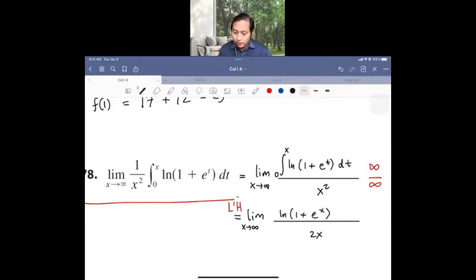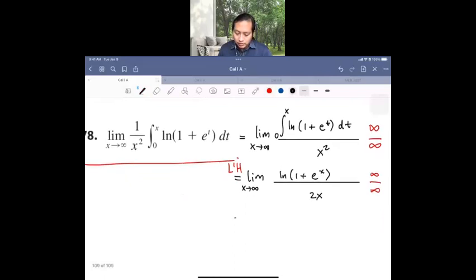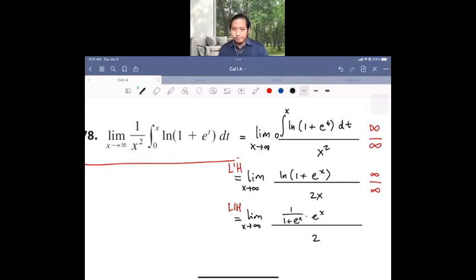And we are going to check once more, it's still L'Hopital. We take the second L'Hopital, and we can write this. This becomes 2, and the top becomes 1 over 1 plus e to the x, multiplied by e to the x because of the chain rule.